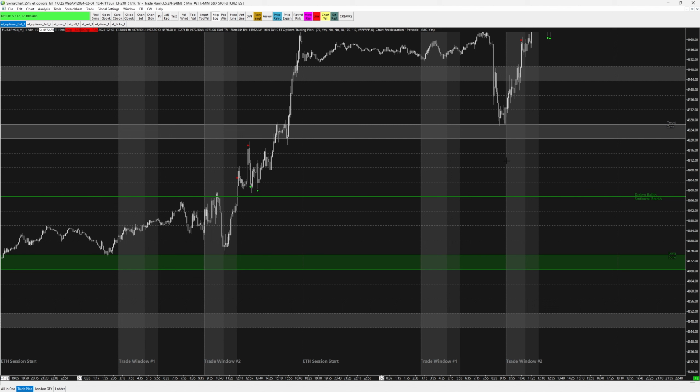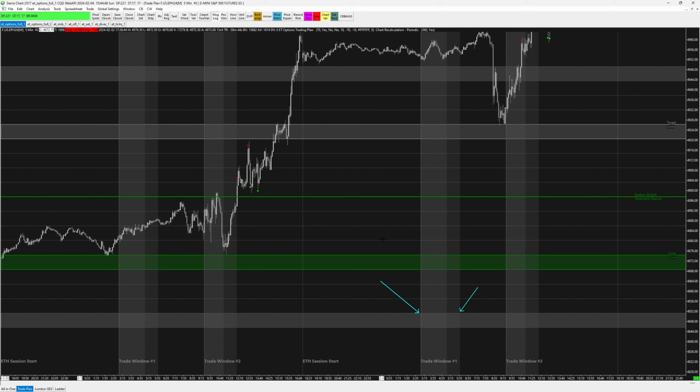But here in this study, we have these two metrics, which are also updated with all the levels after the US session ends. Okay, one other thing that you can see here are these time windows. It's called trade windows.